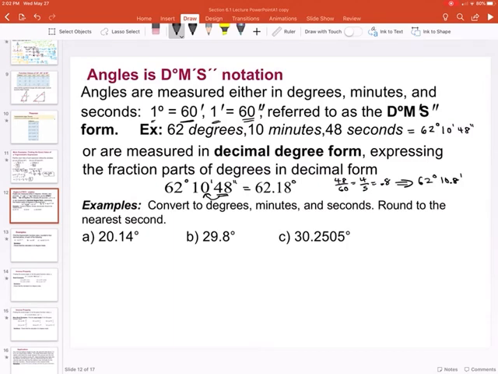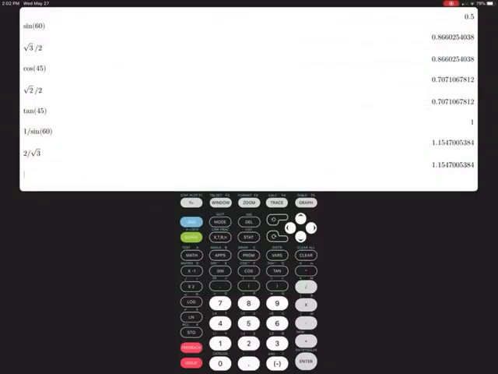Now, how about converting that over to degrees? So now we ask, how many minutes in a degree? We can take 10.8 and divide by 60. So what's 10.8 divided by 60? If you want, we can go to our calculator. Let's pull it back up. What's 10.8 divided by 60?